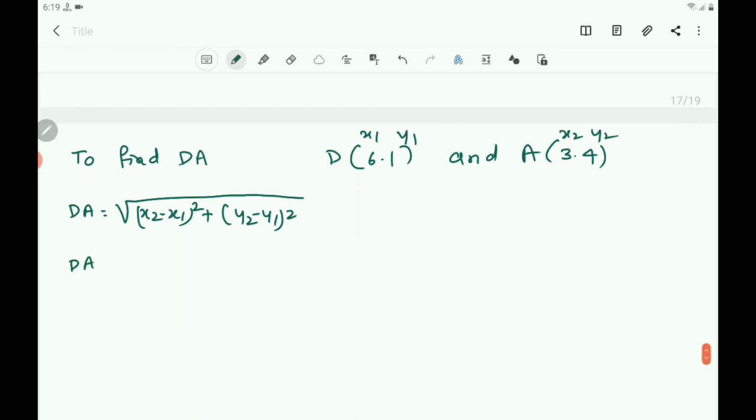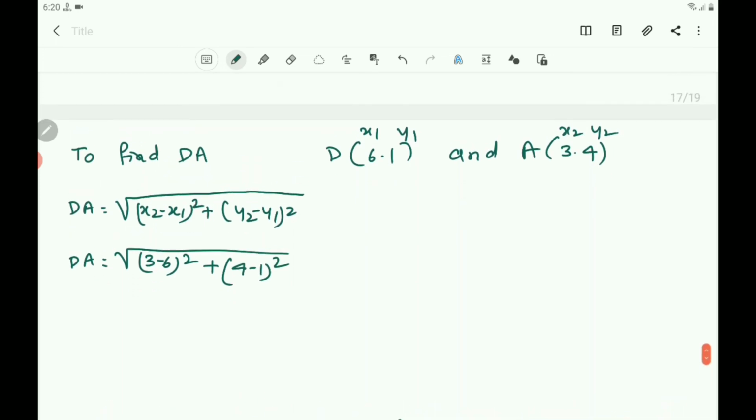Then DA equals whole root of (3 minus 6) whole square plus (4 minus 1) whole square. 3 minus 6 is minus 3 whole square plus 4 minus 1 is 3 square.